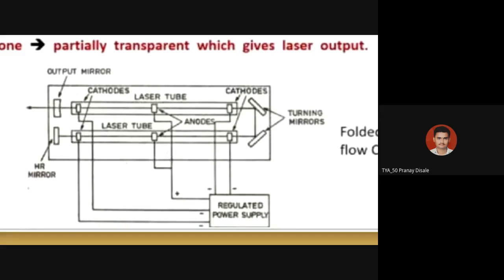The two electrodes are used to energize the atoms. The cathode you see and the other are two electrodes, used at both ends of your tube.